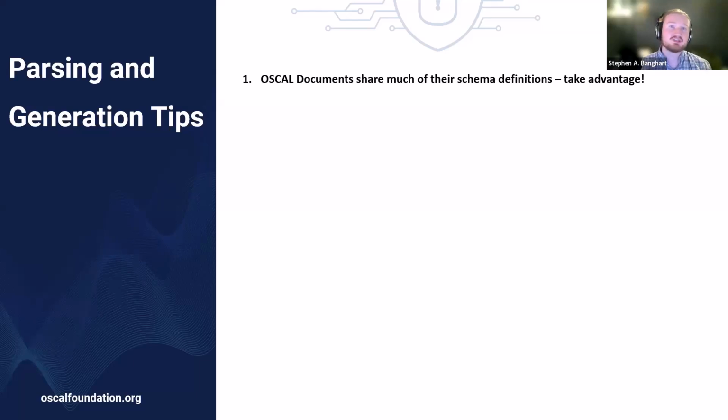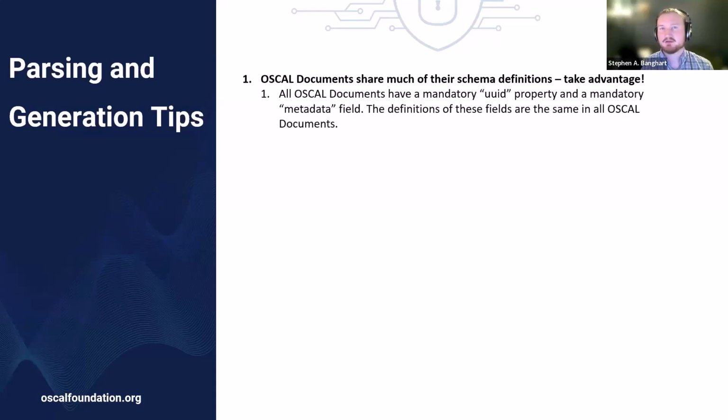You know how to use those schemas to validate a given OSCAL document or use it to generate a valid OSCAL document for capability 1 and 2. You've decided how you're going to align your internal data structures, either out of a choice that you make or necessity for your circumstance. And now you're actually digging into the process of programming this. Here's some quick tips. These are fairly high level, but I think they'll be helpful.